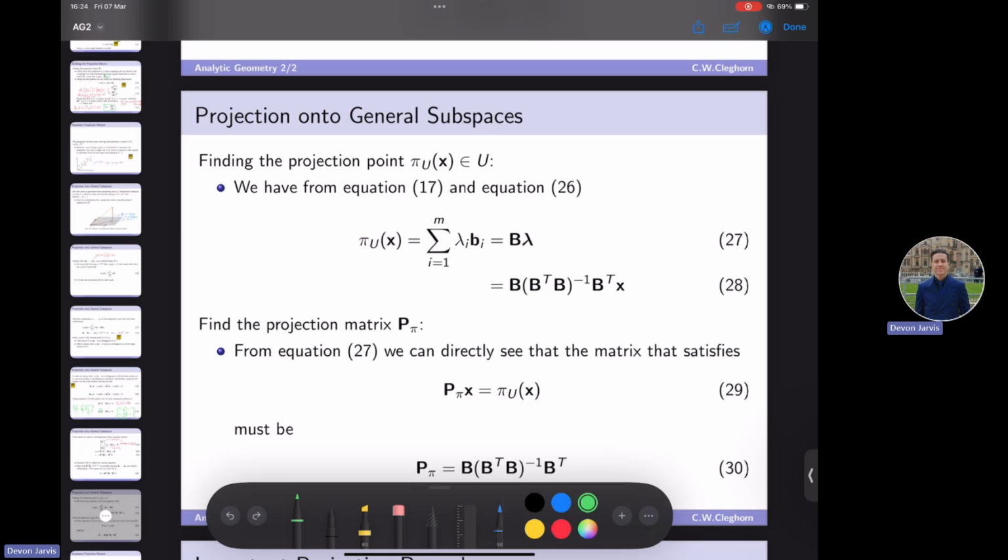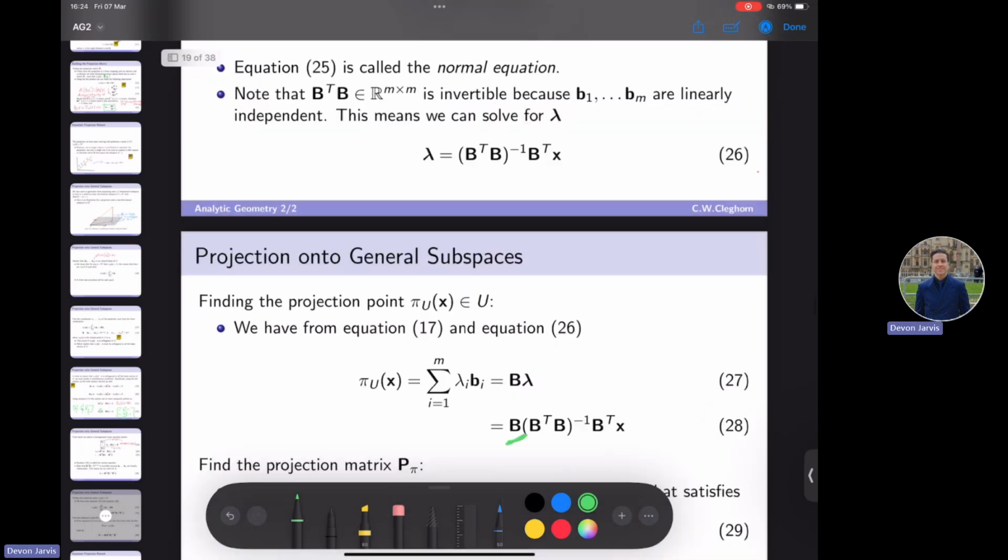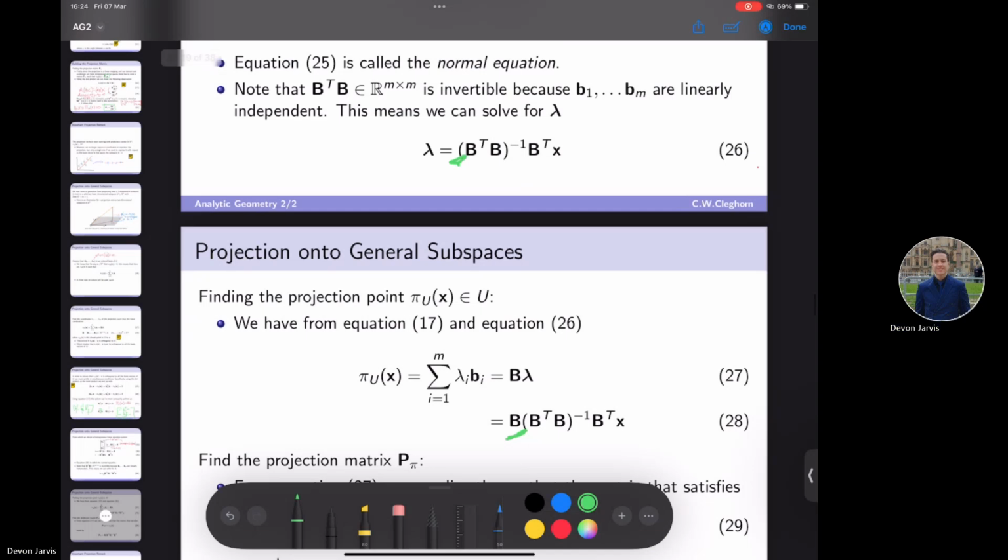Again, if you need to think it through, it's always just this representation here, B1, B2, B3, times coordinates x1 or lambda 1 or whatever. And so in that case now we just have another B slapped onto the end of this equation here.